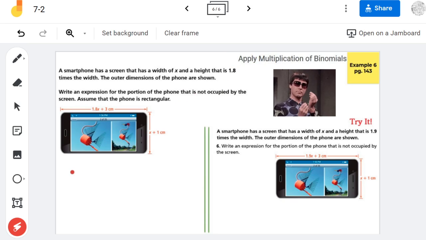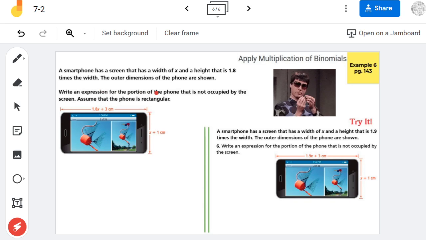of real-world solution. Okay? So in this problem, we have a smartphone, and on that smartphone, they're describing the width and the height of the screen. All right, and then what they do is they also describe the outside dimensions of the cell phone.